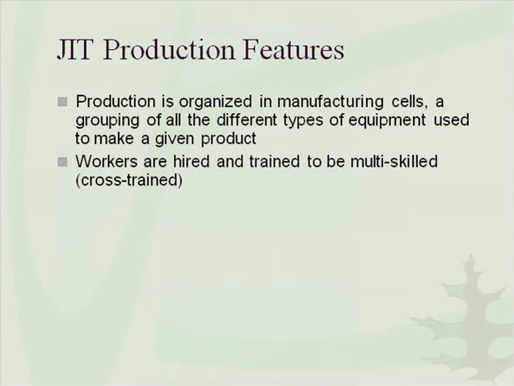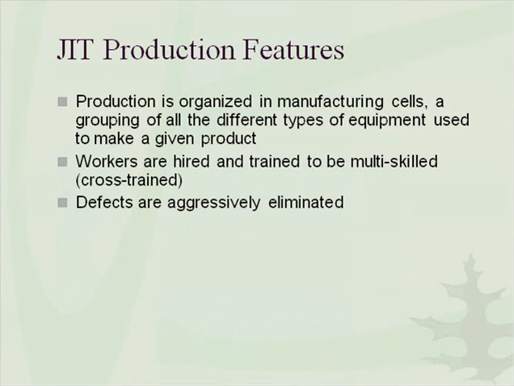A U shape or U format is very common in JIT production environments. And then we cross-train workers so that they can operate on all the machines within that manufacturing cell. So cross-training and multi-skilled workers is also a feature you find in JIT production.